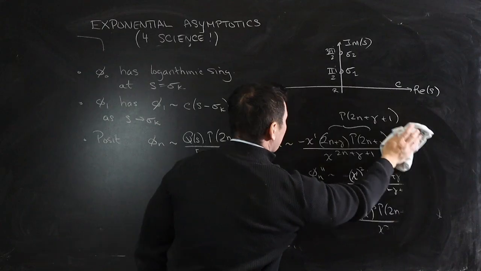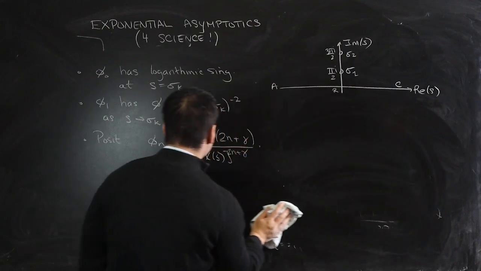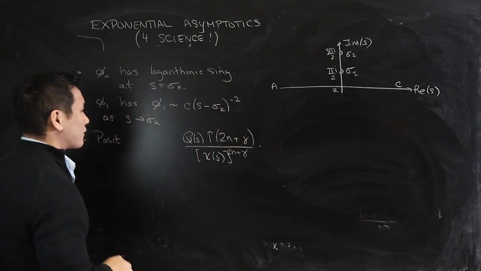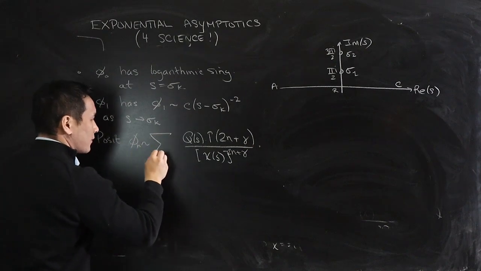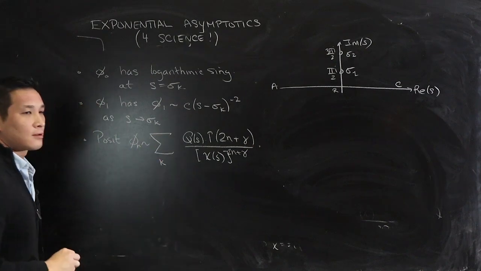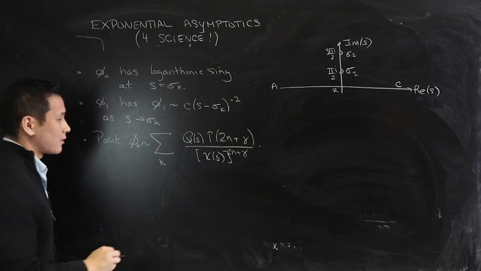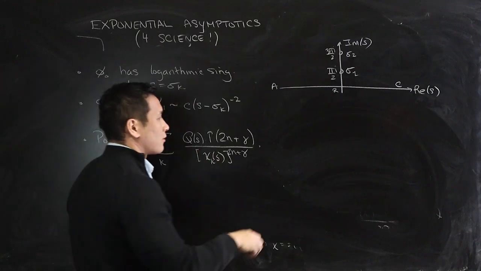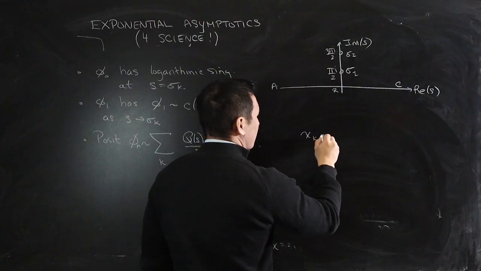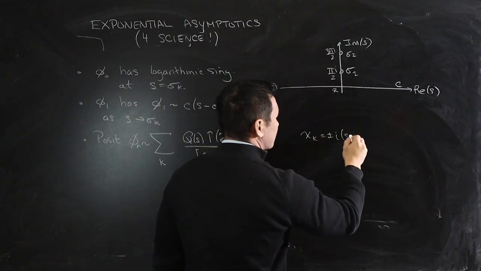You can think of the general divergence as a sum over all the k's here, and each chi k is plus or minus i times (s minus sigma k).